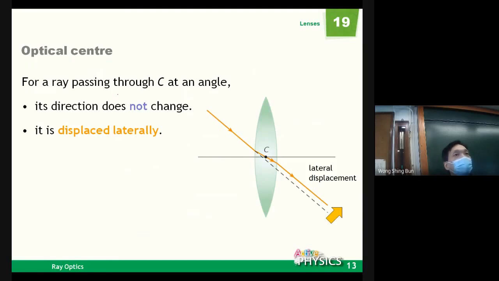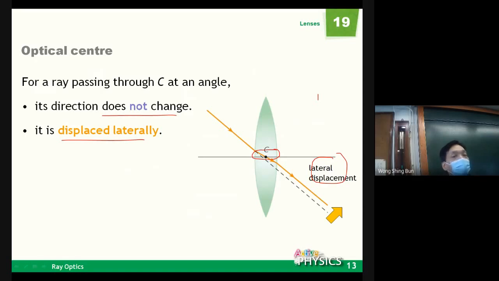Optical center actually should be like this. We have the lateral displacement, 平移. It means that this one should not be a straight line. We will have a displacement laterally, no change in direction. But in our daily life, usually we think that this lens is not too thick, then the lateral displacement is not large.